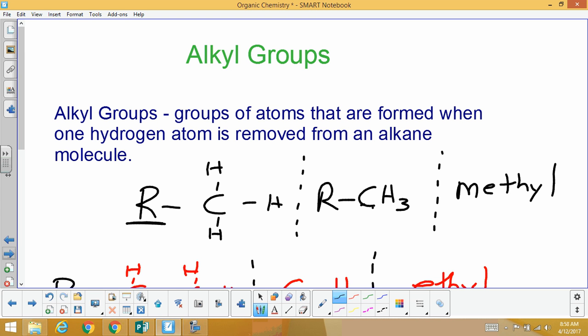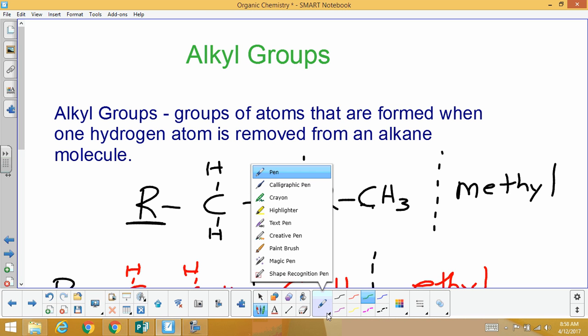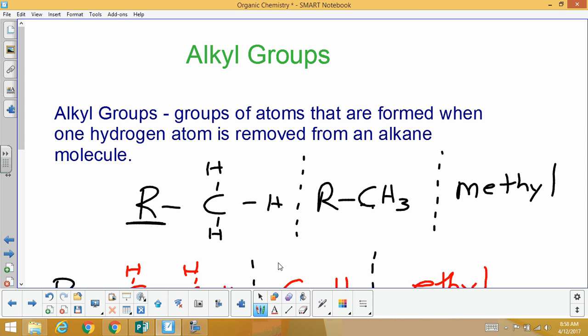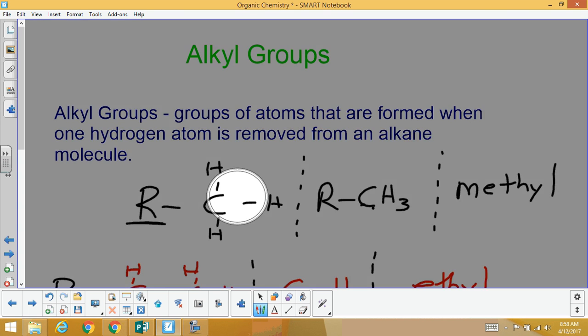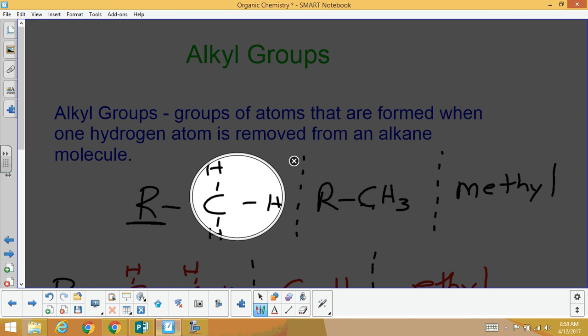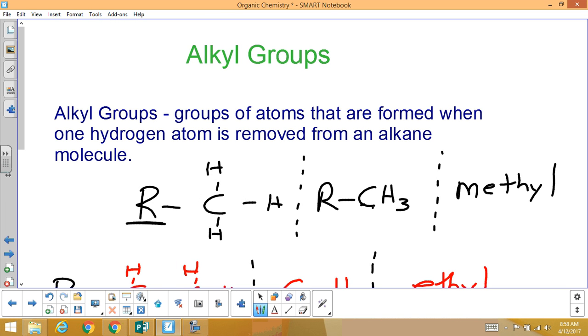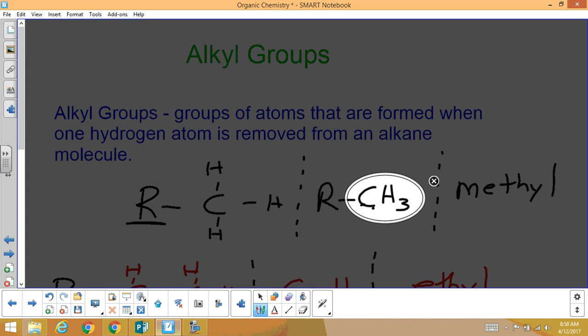So for this instance, this CH3, this area right here, that is an addition to it. You can either write it C with the 3 H's, or if you just want to write it in condensed form, CH3, that is fine as well.